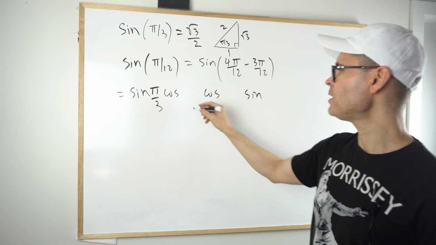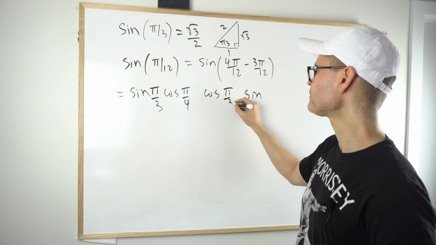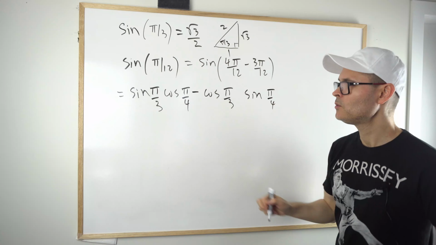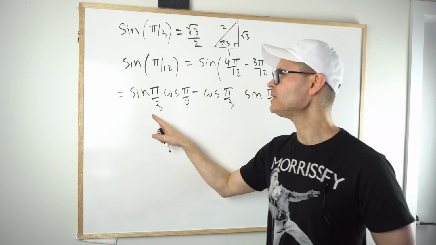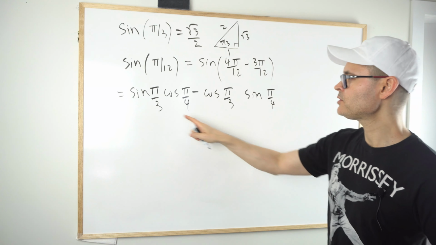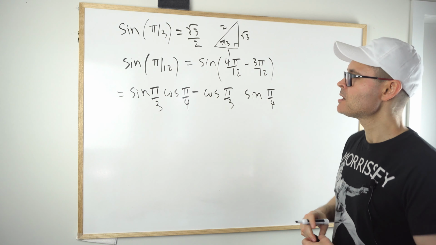And 3 pi over 12 is pi over 4. Repeat those here. Pi over 4. Put a minus in the middle. We know what the sine of pi over 3 is. We know what the cosine of pi over 4 is, root 2 over 2. You could plug them in and do a little bit of arithmetic, and that would be kind of nice.